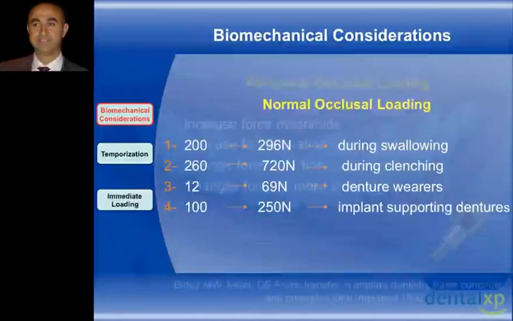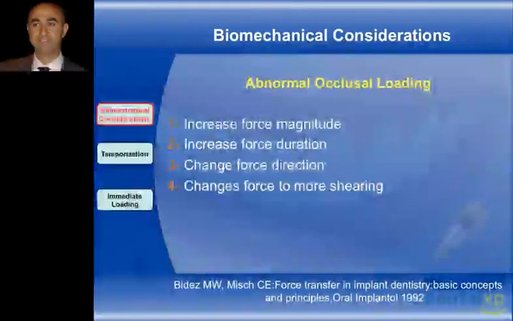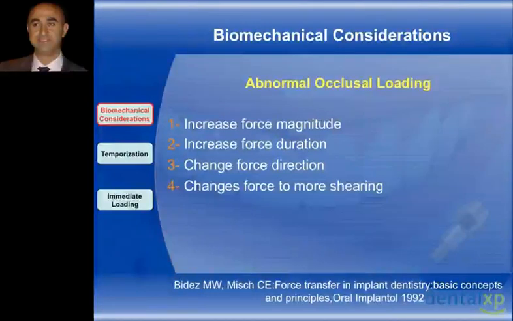In cases of abnormal occlusal loading, we all know that these abnormal loads increase the force magnitude, increase the duration of the force itself, and change the direction of the force to a more detrimental shearing force.